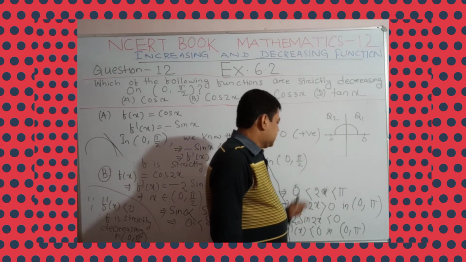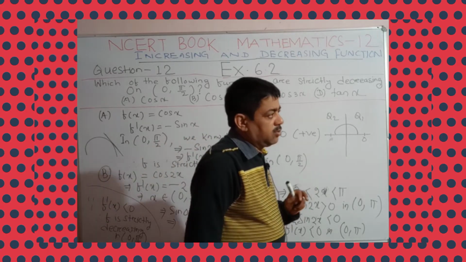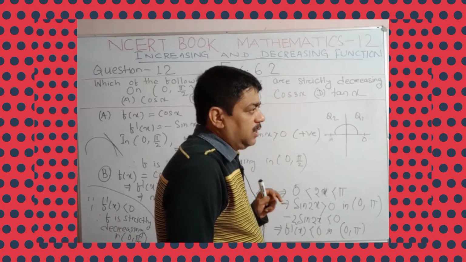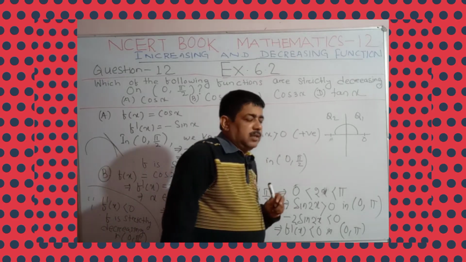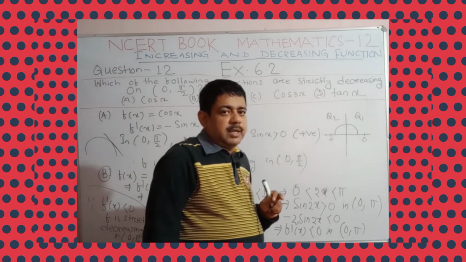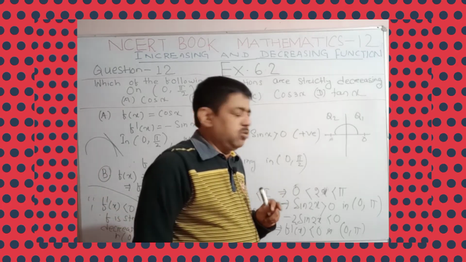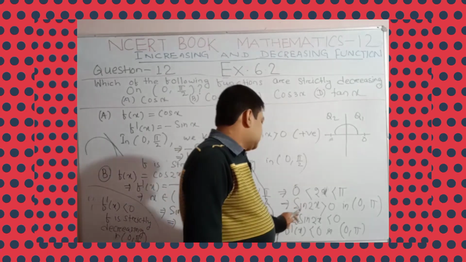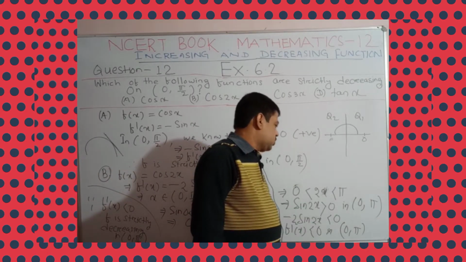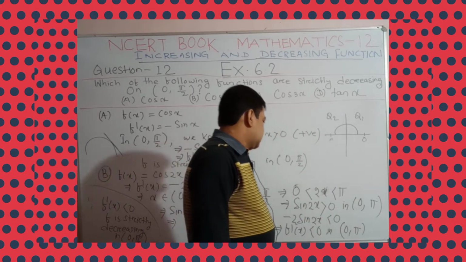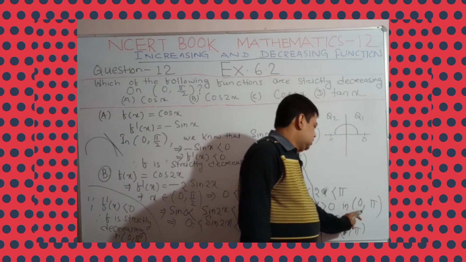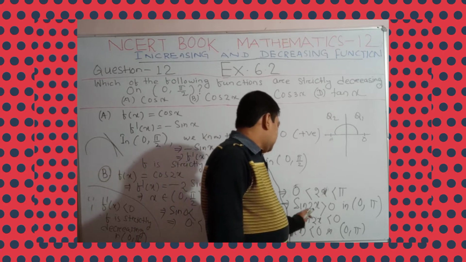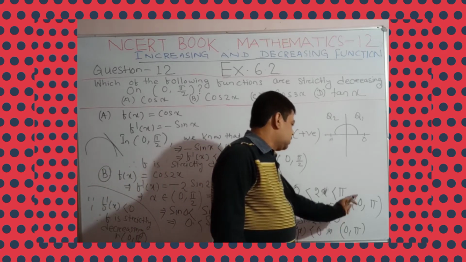And in the first and second quadrant, according to the ASTC rule, or the conventional signs of the trigonometric ratios, sin is positive. That's why sin 2x is positive. It means sin 2x is greater than 0 in the interval 0 to pi.